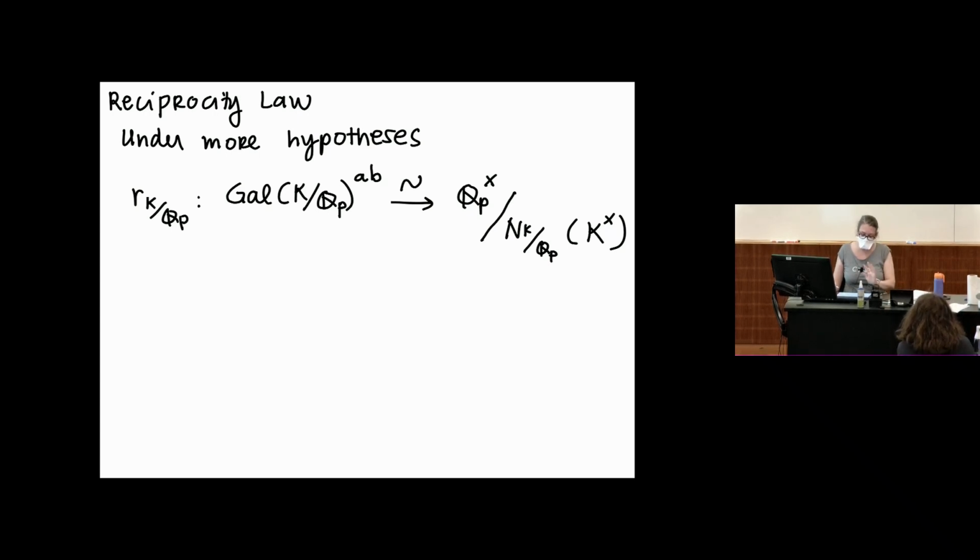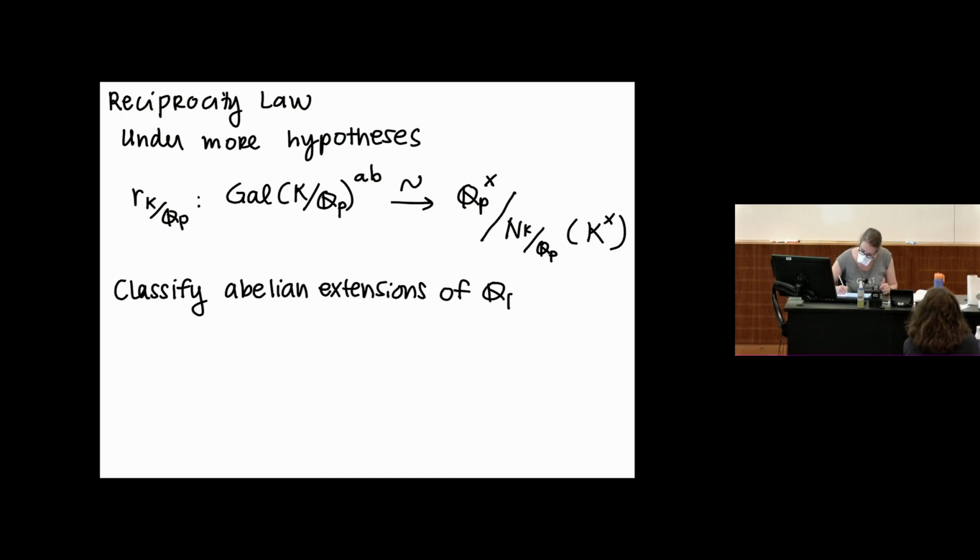And rather than tell you the hypotheses, which maybe I can do some other time, I will tell you a consequence: it allows you to classify the abelian extensions of Q_p.